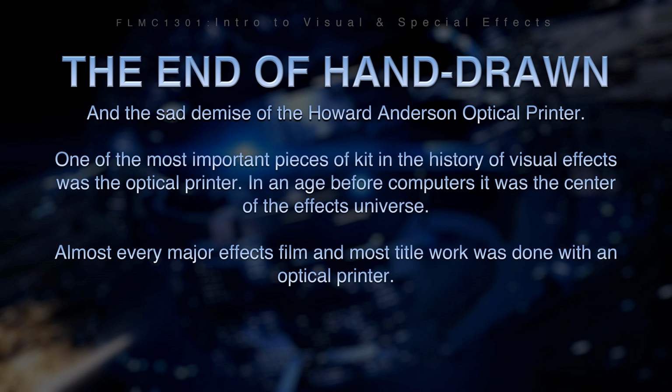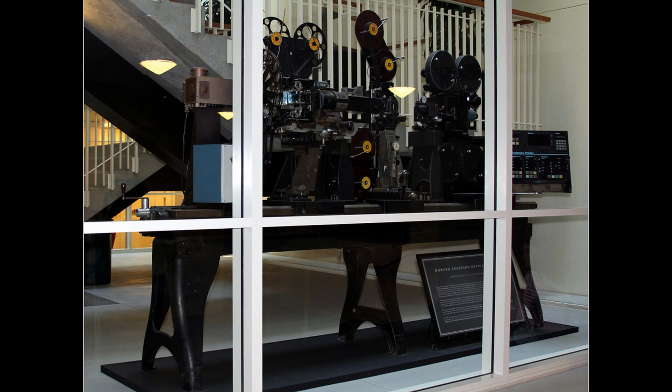Almost every major effects film and most title work was done with an optical printer. And here it is right here. As you can see, it's behind glass, and it's like a museum piece, right? It's just a big piece of machinery that feeds all kinds of different sources of footage together.